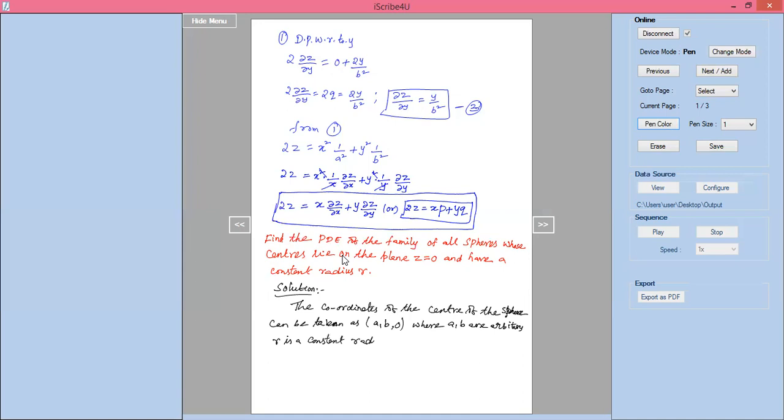Now the equation of the sphere: (x − a)² + (y − b)² + (z − 0)² = r².